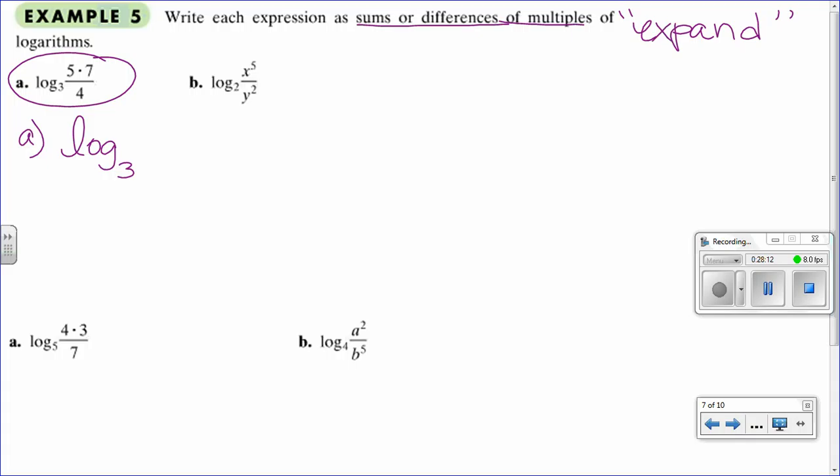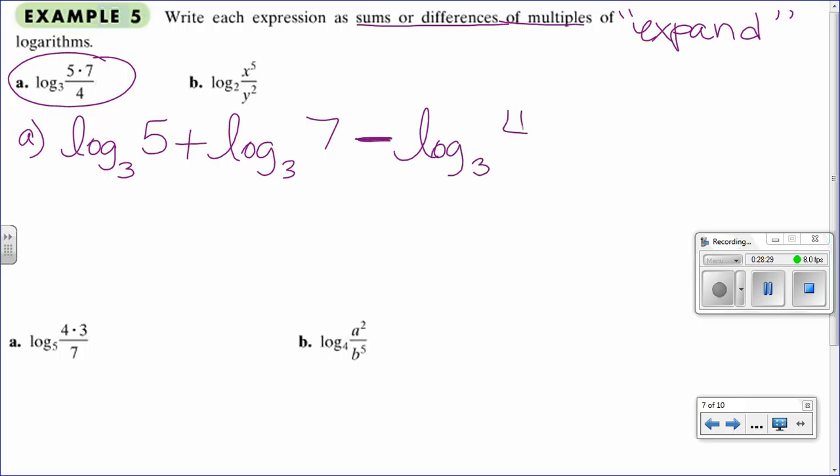So when I expand them, that means that those are positive logarithmic expressions. Like that. Oh, so it's just the opposite. Correct. And then here, I will have a minus because 4 is down here in the denominator. Okay.